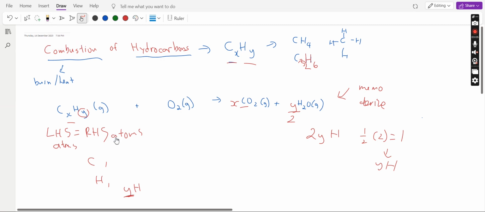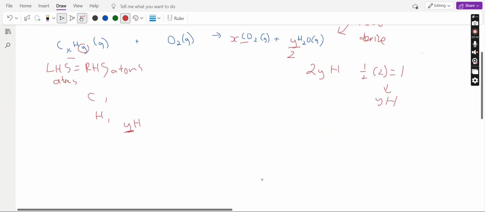Then we go to oxygen, which is slightly more challenging because of the subscript 2 here, and here we have a 1, nothing there. On your left hand side you have O2, and on your right hand side you have CO2. Now we have an x in front, so you can put x here first, and now these two are equal. Now you have to balance this oxygen gas with your steam.